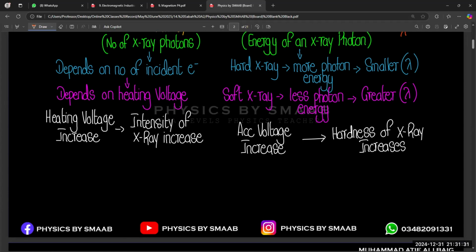So if we talk about the sharpness of an image, sharpness means the boundary of the image.